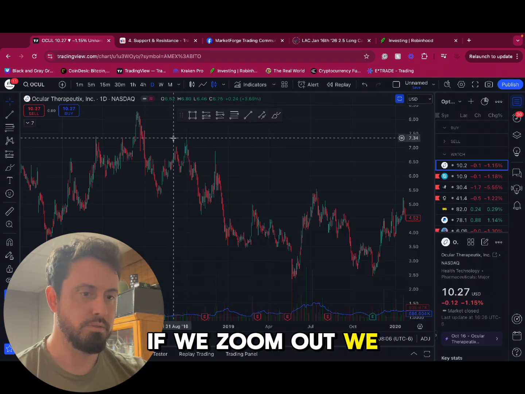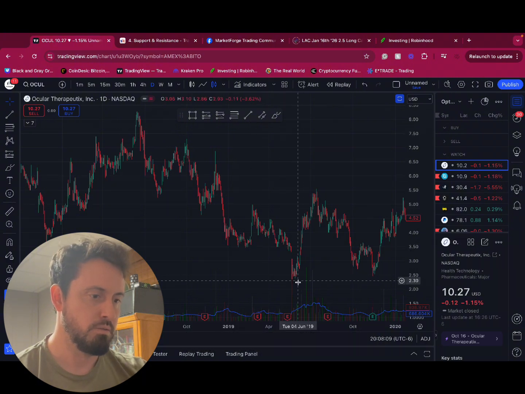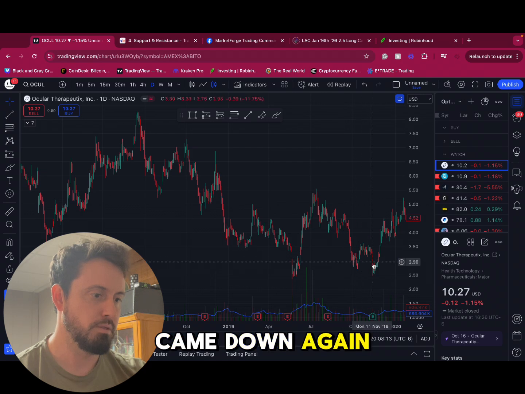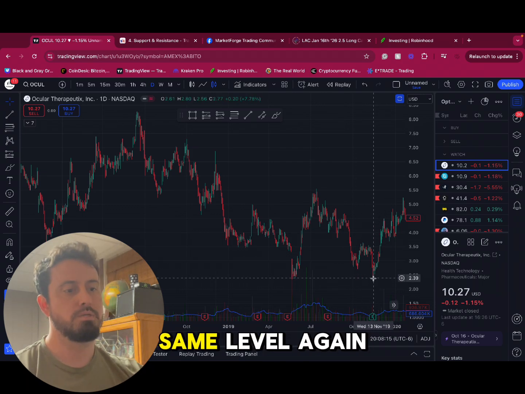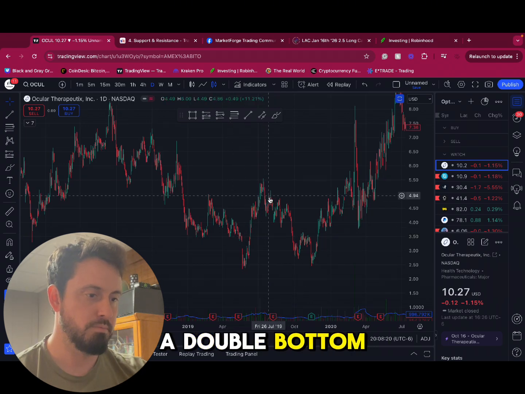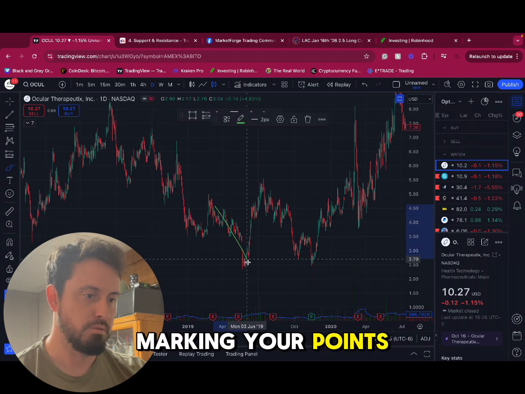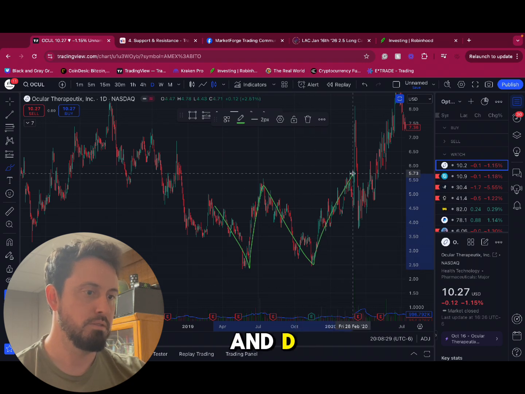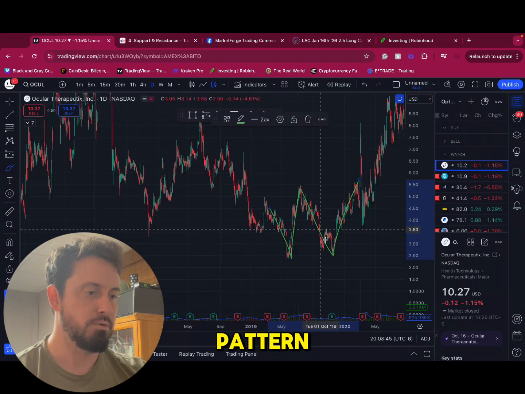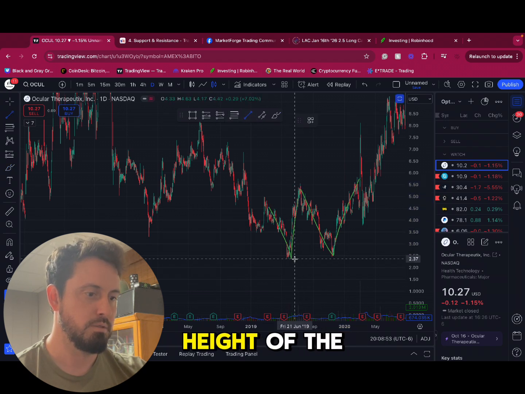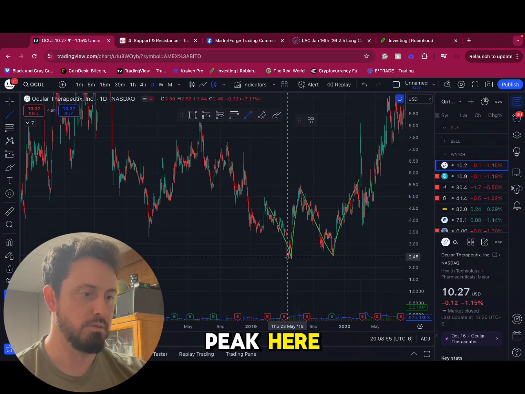If we zoom out, we can see where this was in a downtrend, came down to this level and moved back up, came down again, hit relatively the same level again. I would consider this to be a double bottom, marking your points A, B, C, and D. And then when we complete our pattern, the way we measure is by taking the height of the highest or lowest peak here.